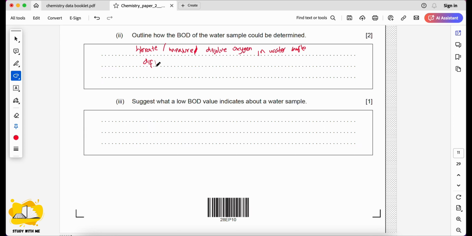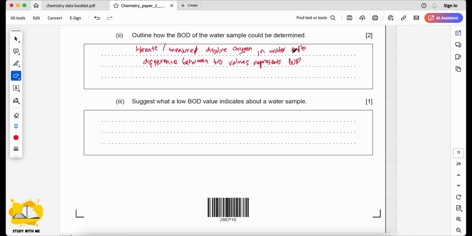So the difference between two values represents BOD. Okay, to determine the BOD of a water sample, dissolved oxygen is measured right after the water sample is collected.